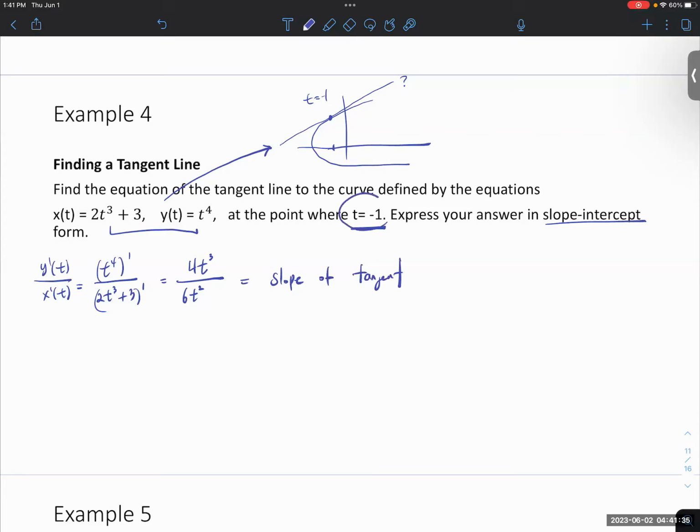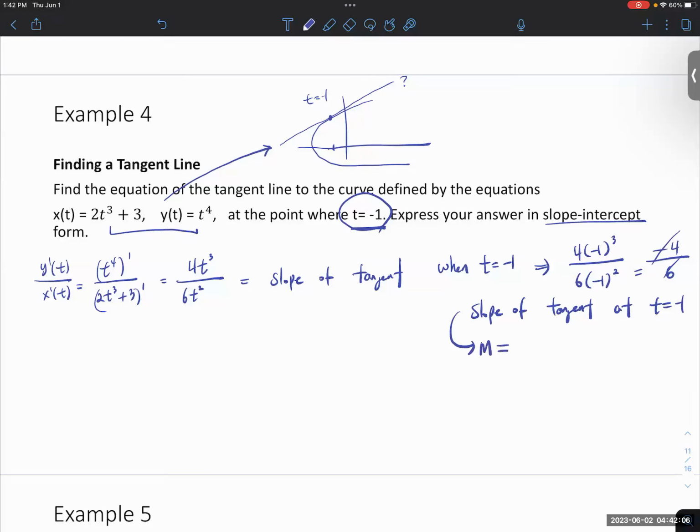Specifically when t equals -1, let's plug in. So 4(-1)^3 over 6(-1)^2, so -4 over 6. Simplified, the slope of the tangent at t = -1 is m = -2/3, correct? Because I simplified.